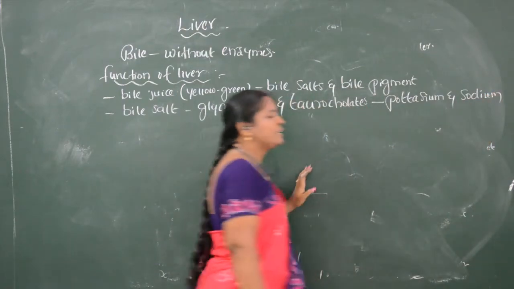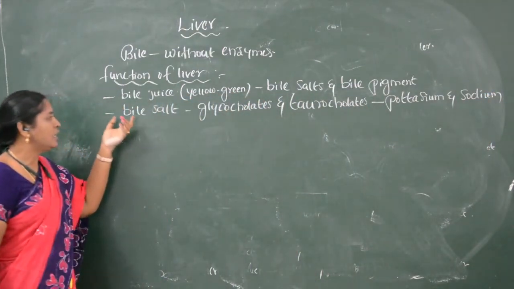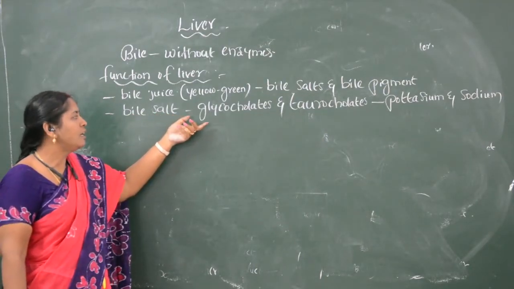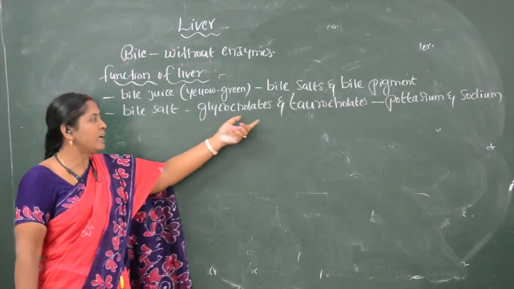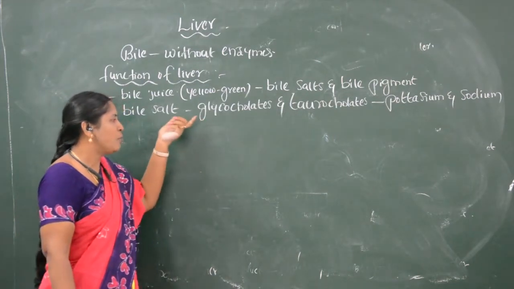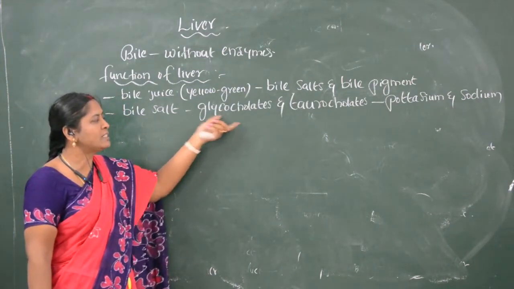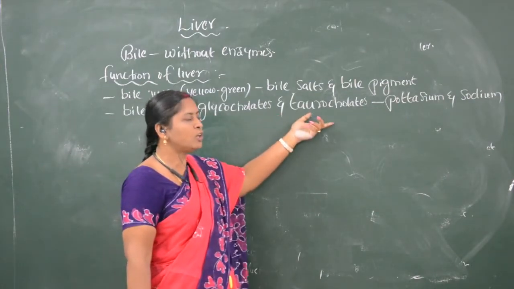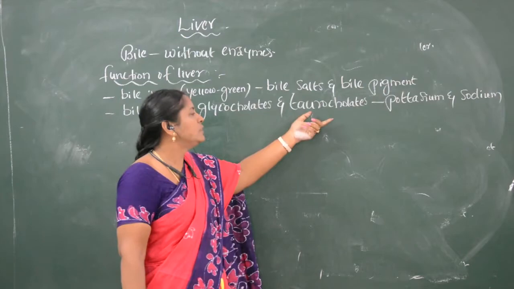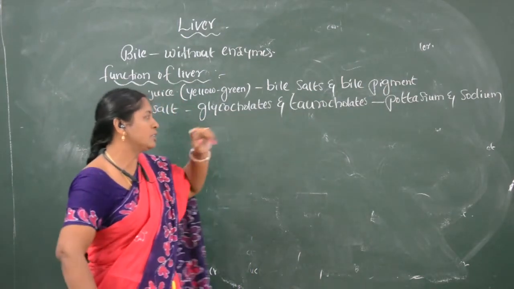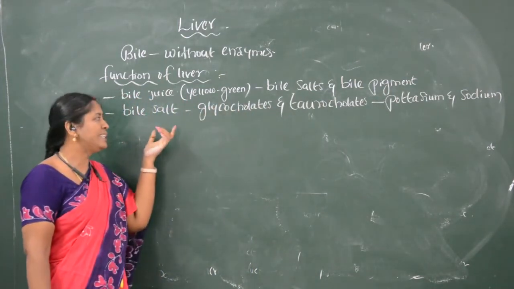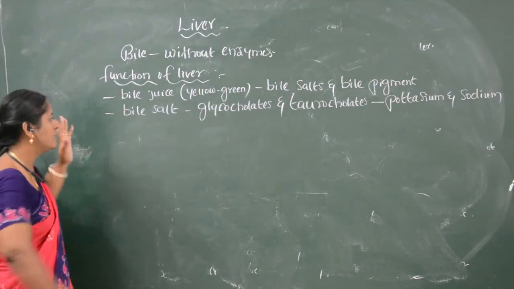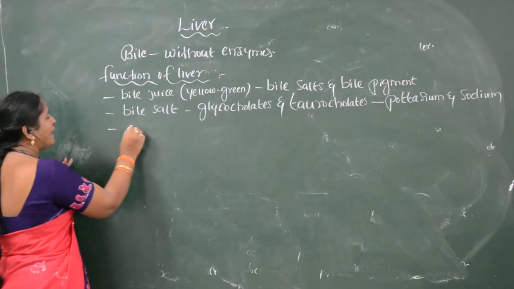So what are the bile salts present in the bile juice? They are glycocholate and taurocholate, that is, potassium glycocholate, sodium glycocholate, potassium taurocholate, and sodium taurocholate. These are the bile salts present in the bile juice. Another one is bile pigments.